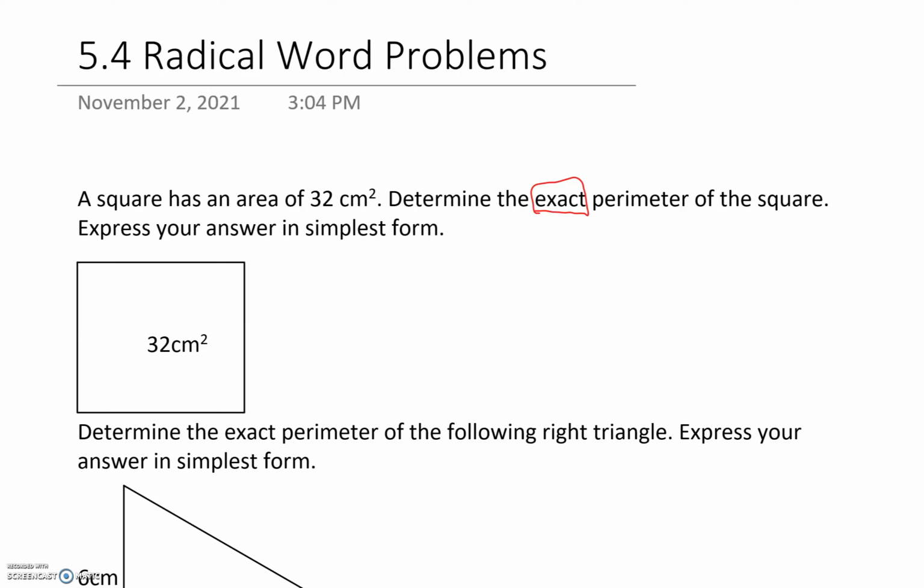So here we have a square of area 32 centimeters squared. If it's a square, then the sides are equal, x and x. So we can say that area equals x times x, or x squared.